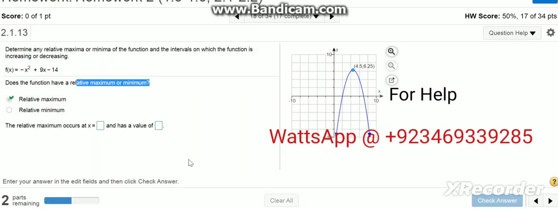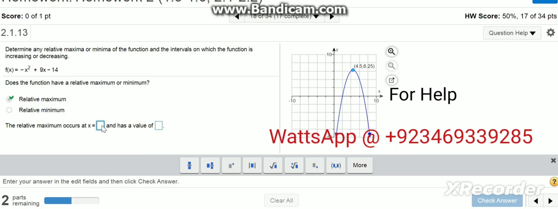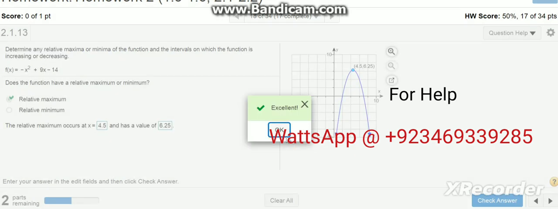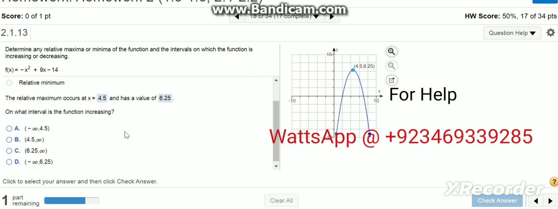Yeah, excellent. The relative maximum occurs at x equal to 4.5, and has a value of y 6.25. It shows here in the graph, you can see it. So let's check it. Yeah, excellent, thank you.